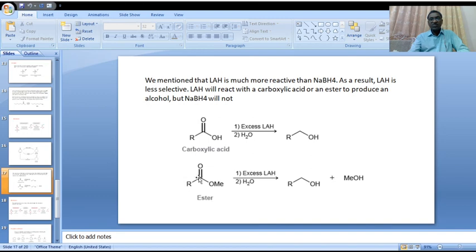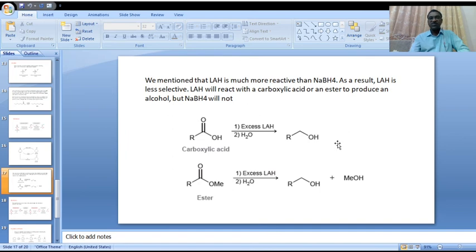This ester compound on reaction with excess LAH, in a solvent, undergoes cleavage of this methoxy group, which is converted into methanol, and an alcohol is produced from this reaction.